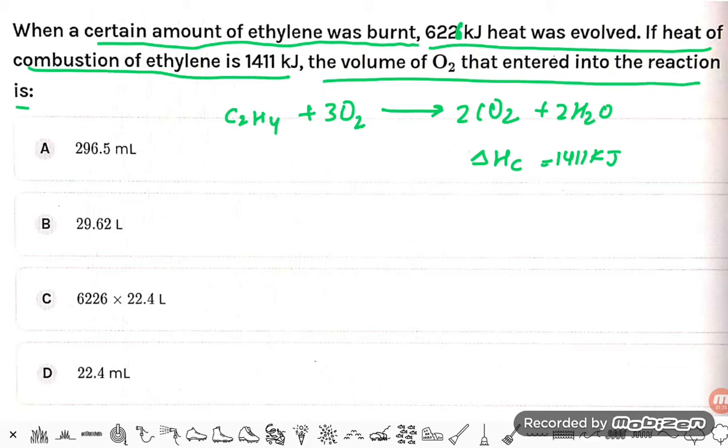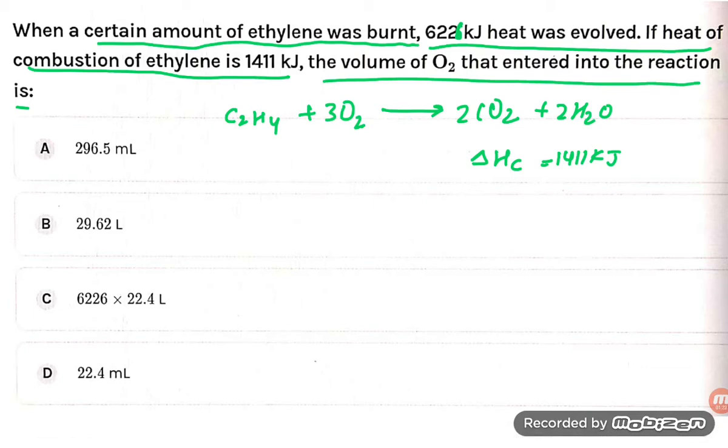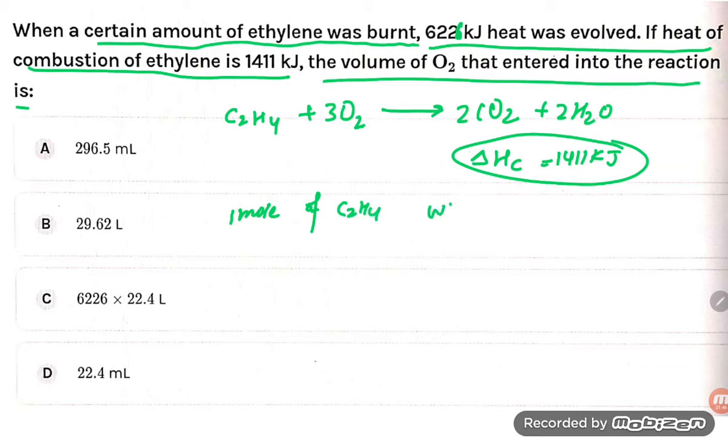So in this reaction, let us try to understand what is given and what we need to understand. Given is the enthalpy of combustion of 1 mole of ethylene. So 1 mole of C2H4 will give 1411 kilojoule per mole.